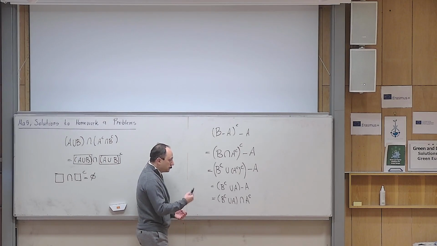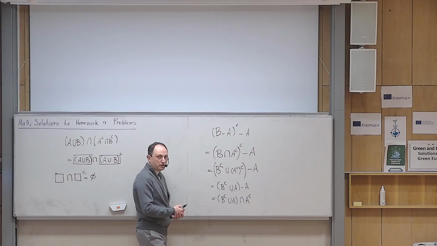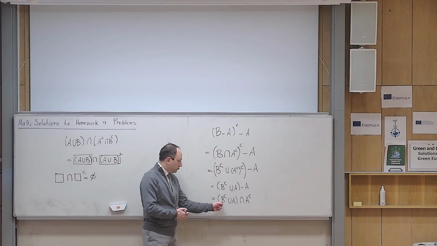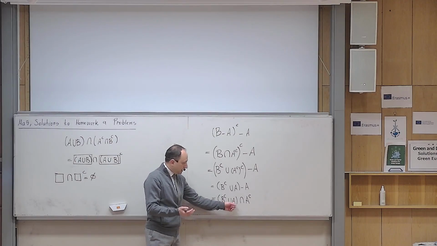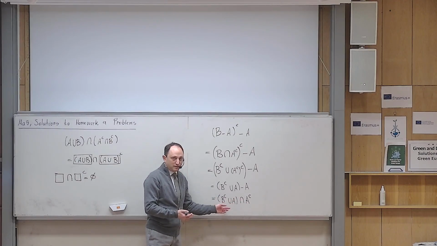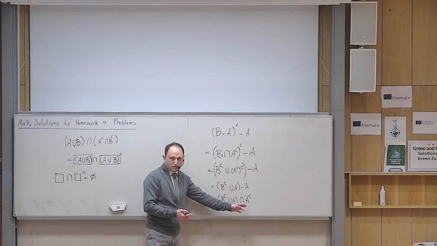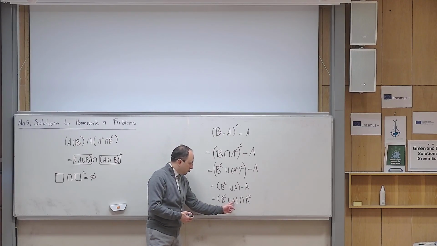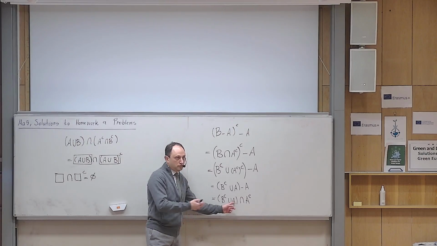But before doing the distribution law, do you remember I told you something? You have to be careful that none of them is repeated. And none of them is repeated. B complement, A, and A complement. So I have three different sets involved. Because do you remember, if one of these sets is repeated, yes? For example, if this is A complement as well, I don't need to use distribution law. That is called absorption law.